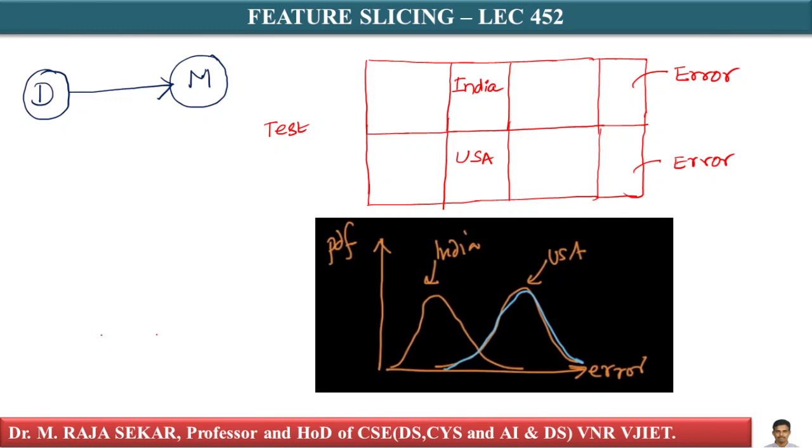You quickly notice that your model is making more errors on people from USA than people from India. You can easily detect something like this. There is a discrepancy in the data.